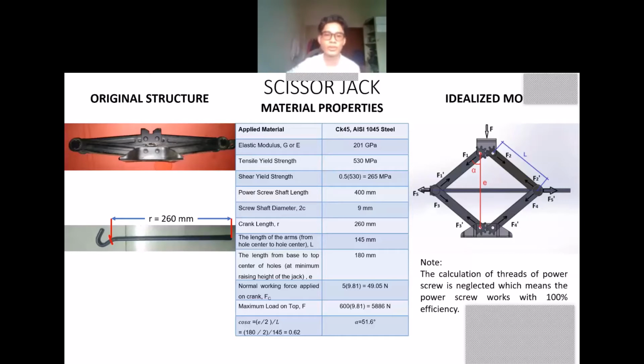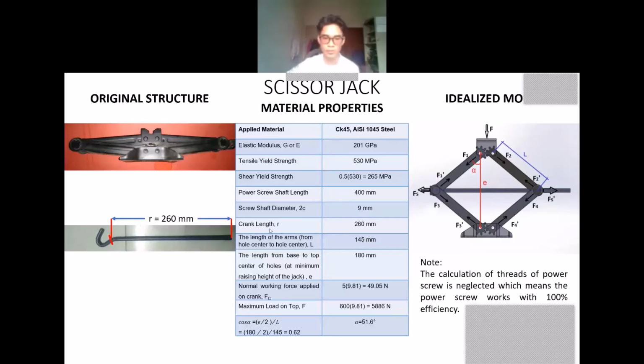For the elastic modulus, it is 201 gigapascal, tensile strength is equal to 530 megapascal, and shear yield strength, which is half of the tensile strength, is equal to 265 megapascal. The power screw shaft length in this scissor jack structure is 400 millimeters, and the screw shaft diameter, which is 2C, is equal to 9 millimeters.